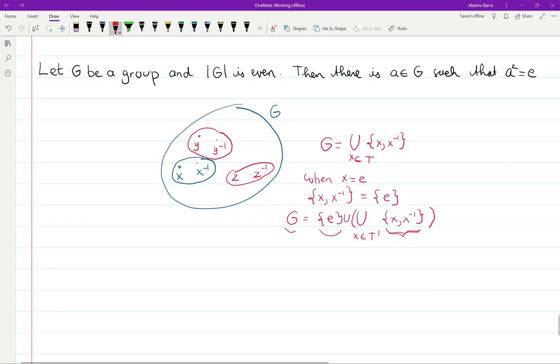Therefore, the number of elements of G is 1 plus twice the cardinality of T prime. So the cardinality of G is odd, and that contradicts the given information that the cardinality of G is even. Okay, so that is basically the idea.